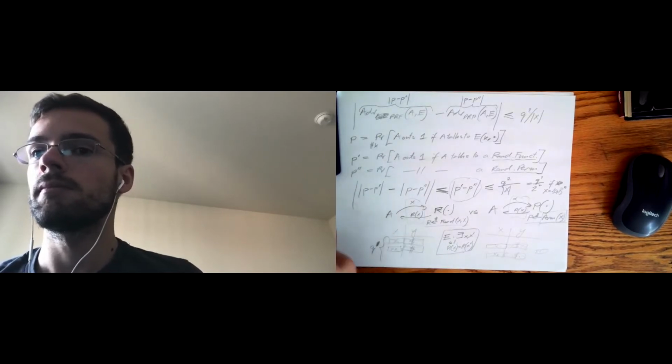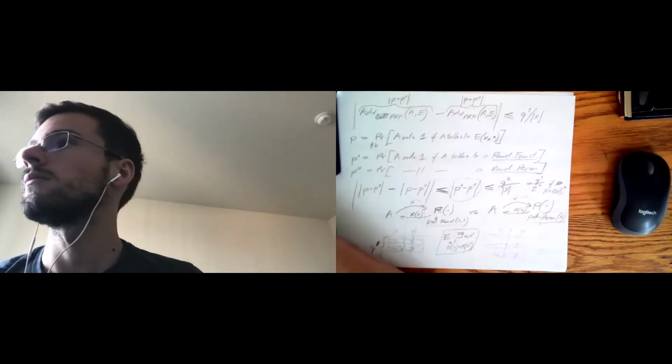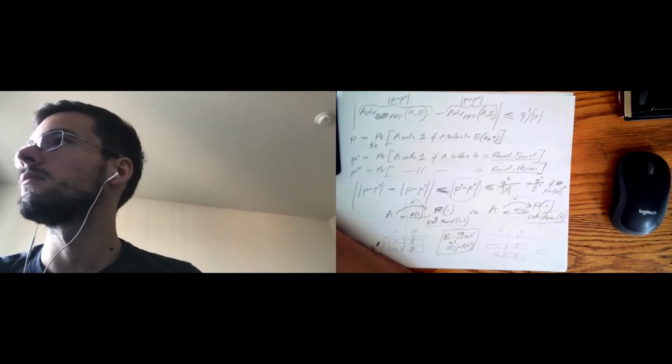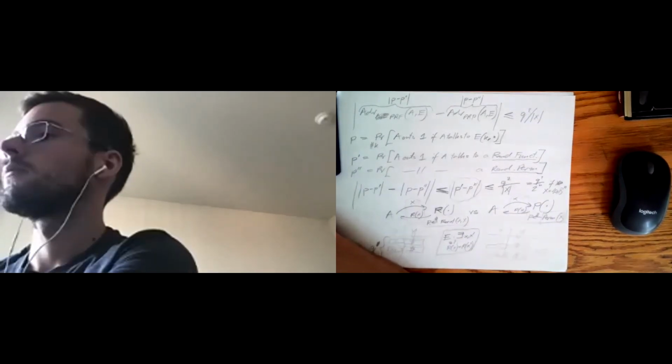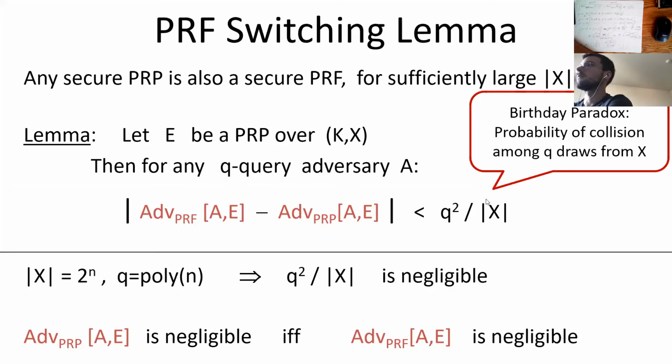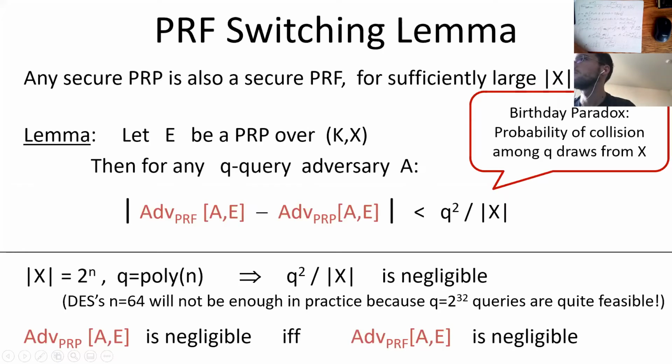Okay, what does this mean in practice? Why do we care about this switching lemma? Yes, it is negligible asymptotically, but in practice these values might actually be significant.